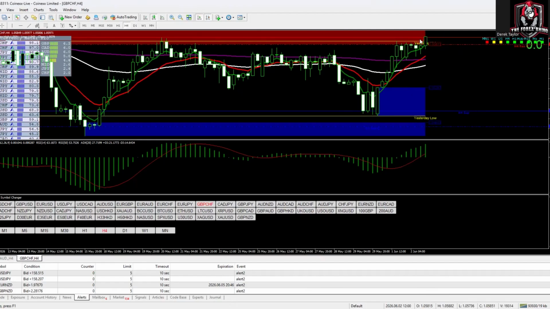And this is the part that traders mess up the most. As price surpasses certain significant levels of structure, yesterday's high is a significant level of structure. Yesterday's low is a significant level of structure.